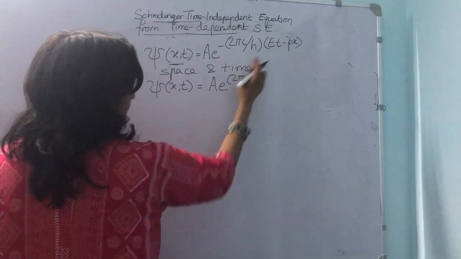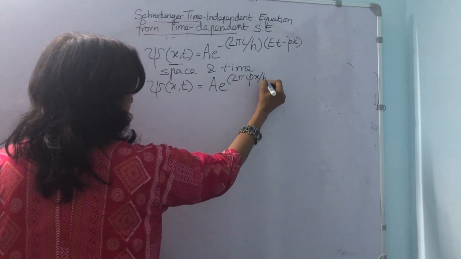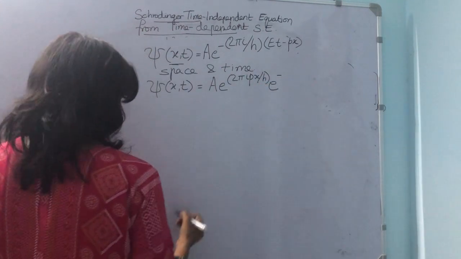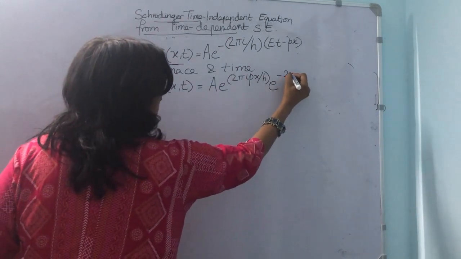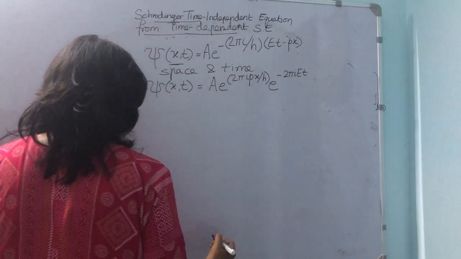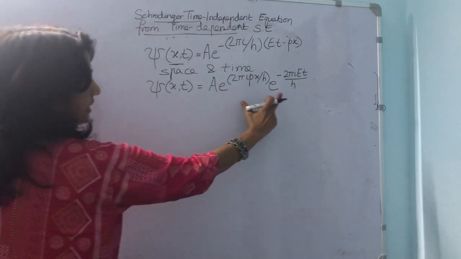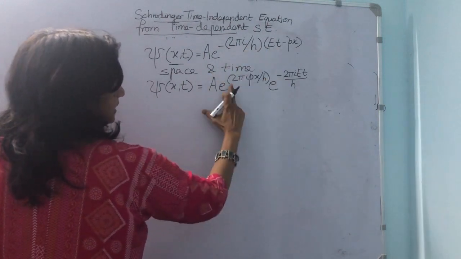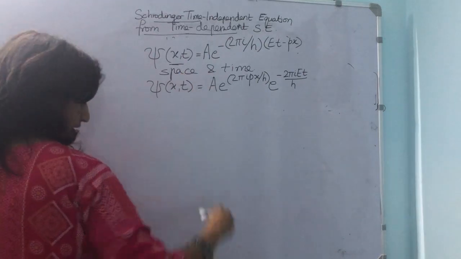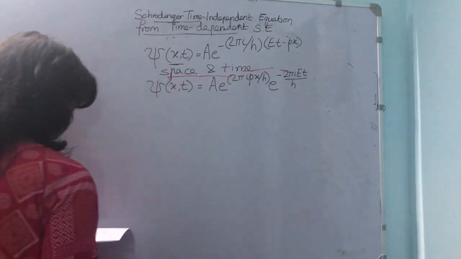This minus has become plus here. So this is showing you the space coordinates and this is showing you the time coordinates.